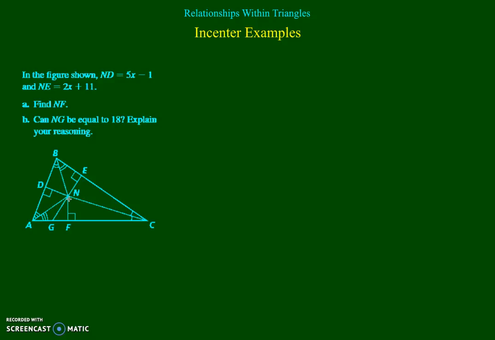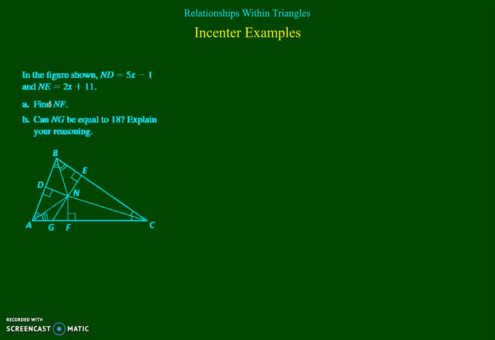They first give us an expression for ND, the length of this segment, and they say NE is equal to this expression. Well, because this is the incenter, ND and NE are going to be the same. So when we find the length of ND, we will have the length of NE, and we will also have the length of NF, which is what we're trying to find in the first place.